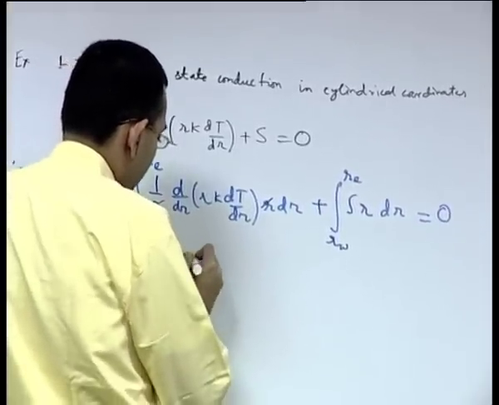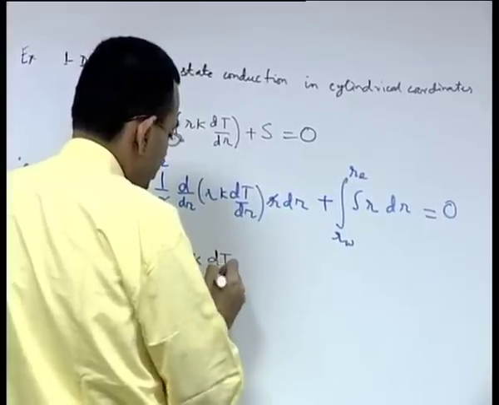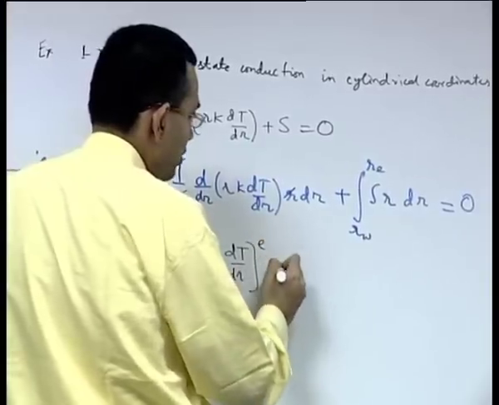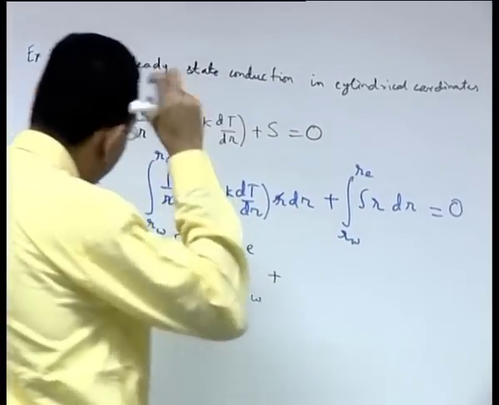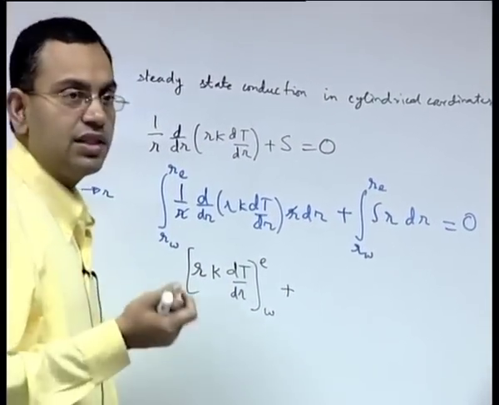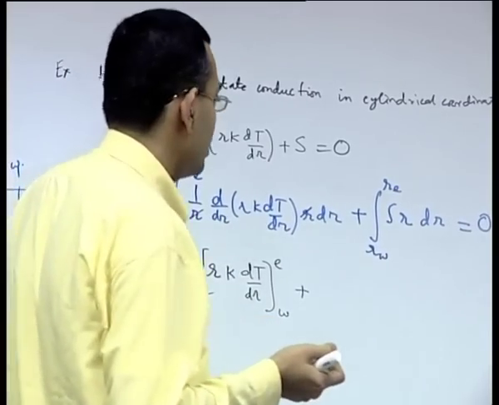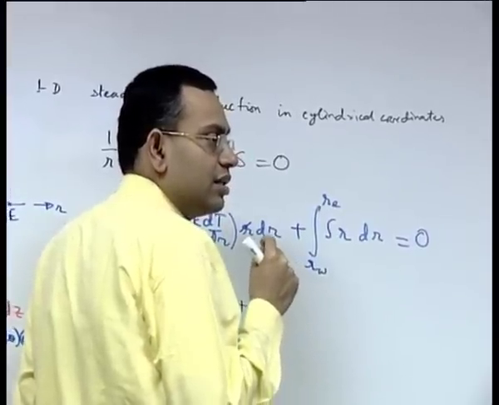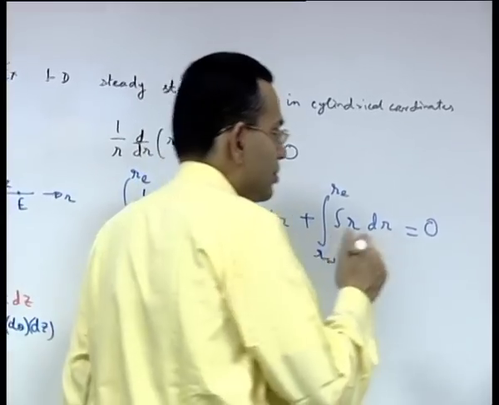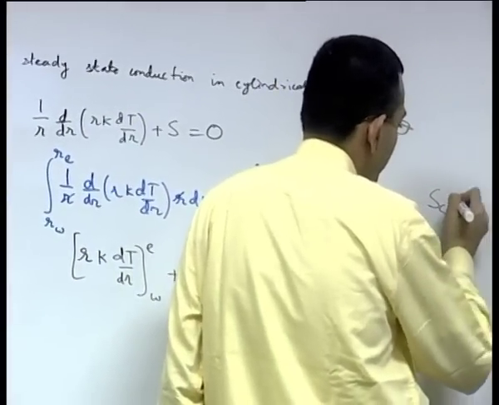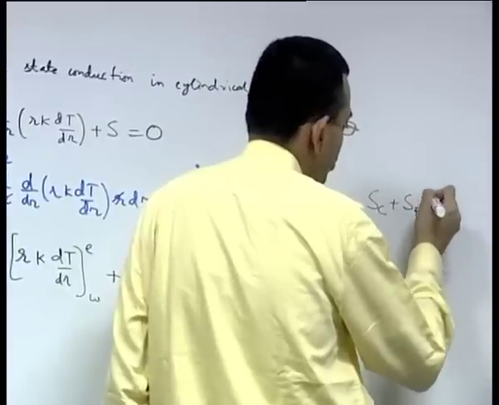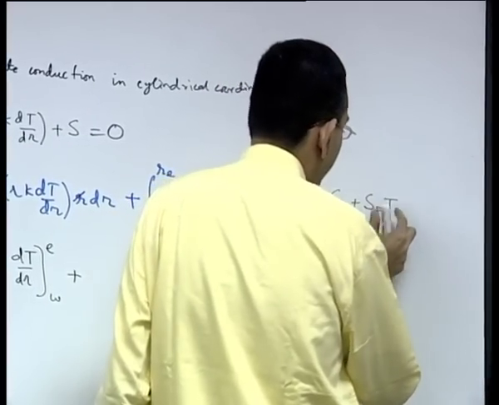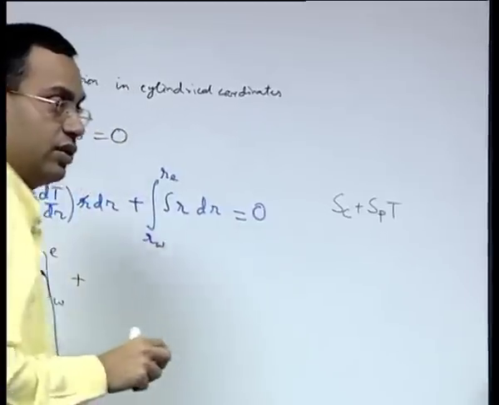The integral of that becomes r k dT/dr from small w to small e, plus let us assume that S is a constant, or at least S is a function of temperature, where the temperature dependent term is given by Sc plus Sp into T. Sp into T is the temperature dependent term, and for that we assume a constant temperature over the control volume.